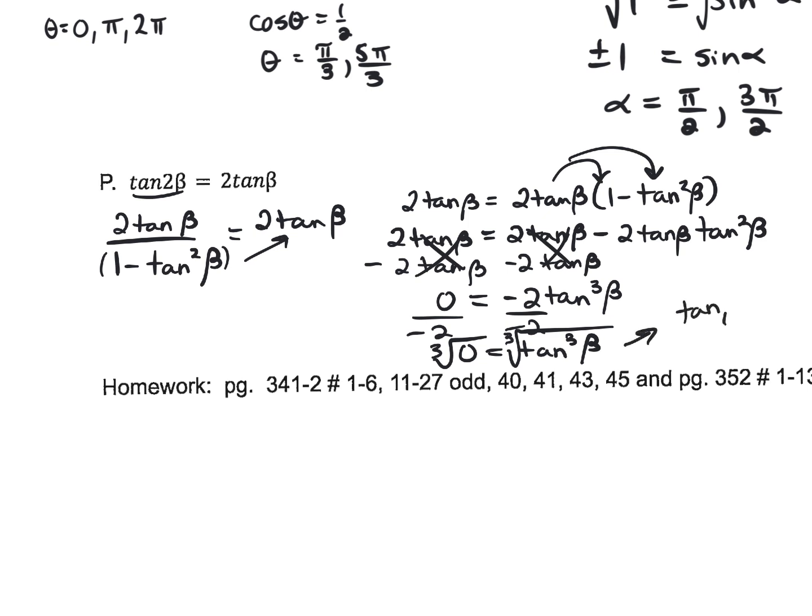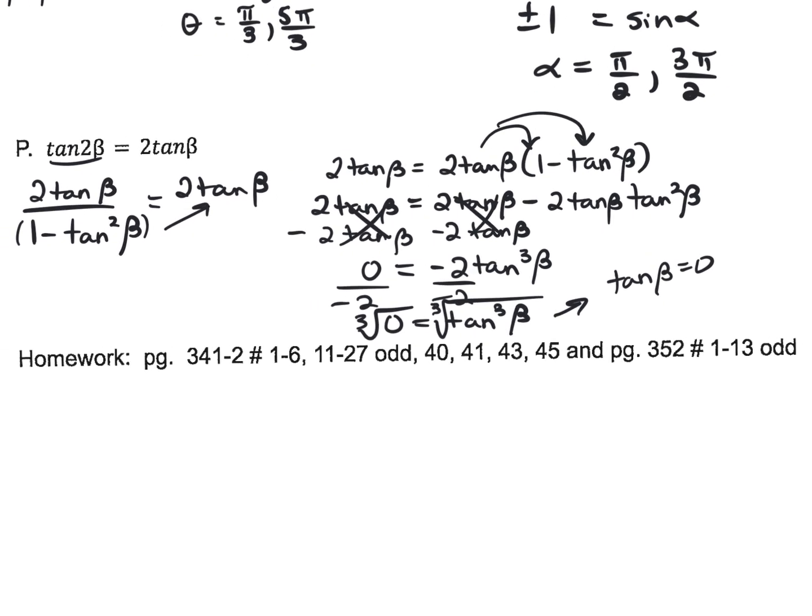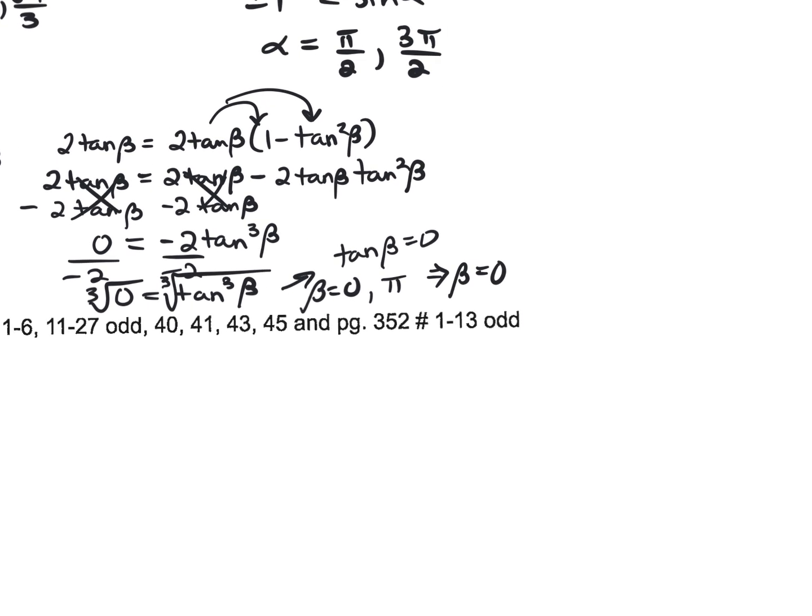So we have tan beta equals 0. Where does tangent equal 0? Tangent equals 0 at 0 and pi, doesn't it? But there's no interval here. And since there's no interval here, and these are pi apart, we're just going to put beta equals 0 plus pi n. That would be my answer here. All right.